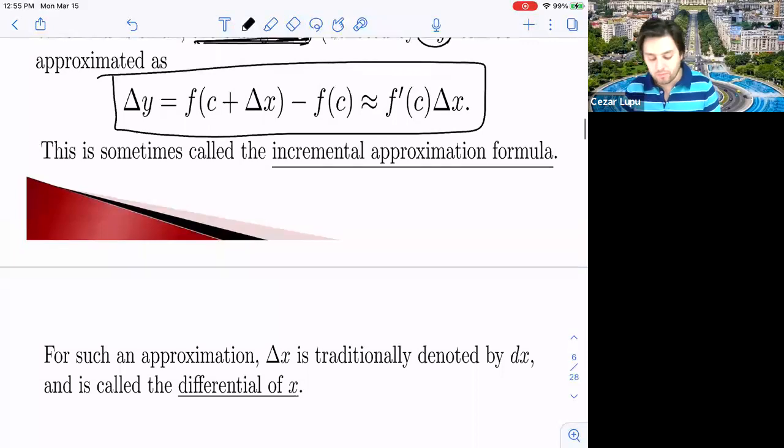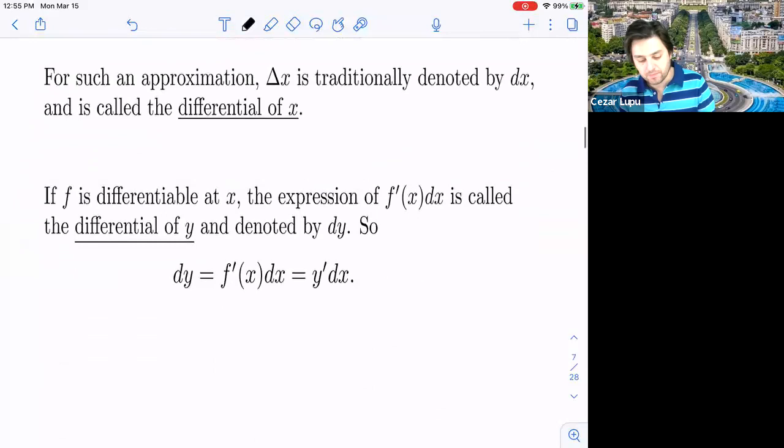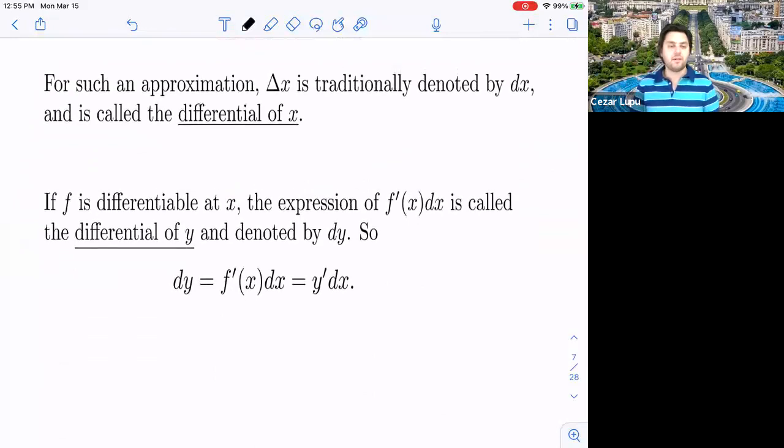Okay, so now let me be more specific. If a function f is differentiable at the point x, the expression f prime of x dx is called the differential of y, and it is denoted dy.